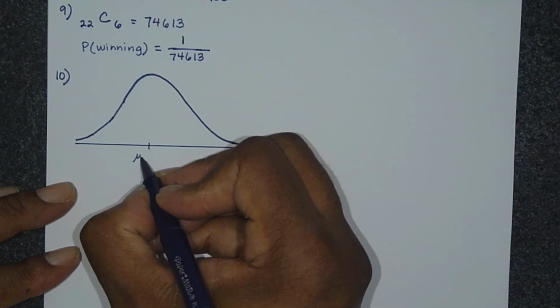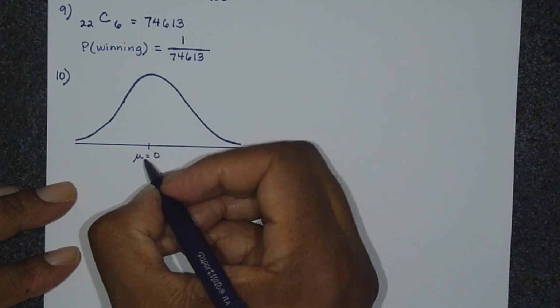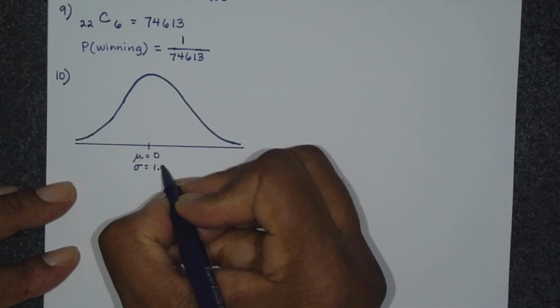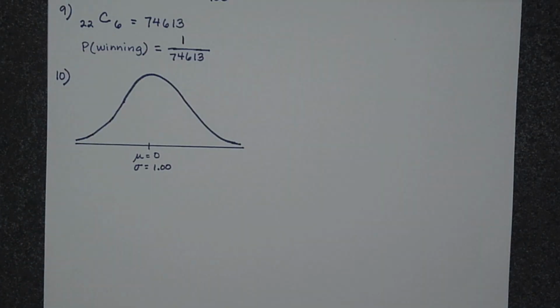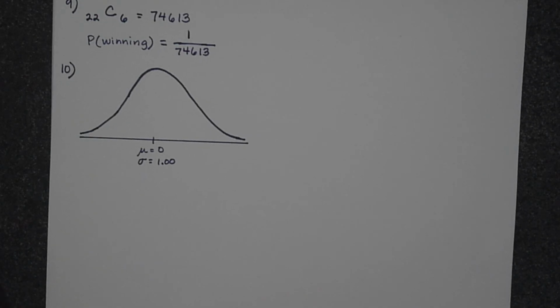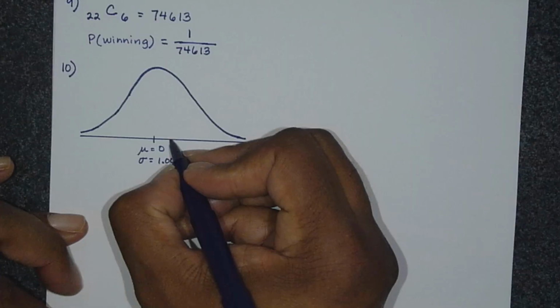We're told that the mean was 0, standard deviation 1.00, and we're looking for the probability of randomly selecting a thermometer with a reading less than 0.24.